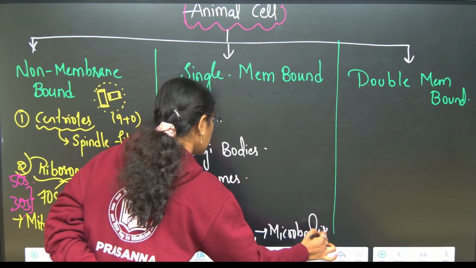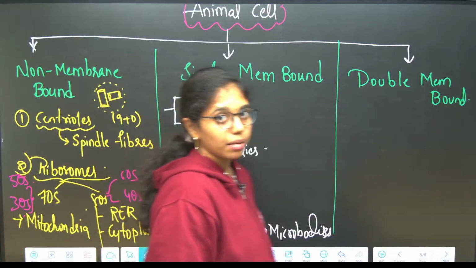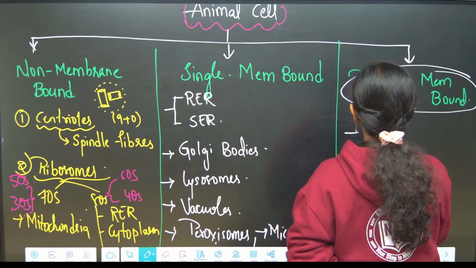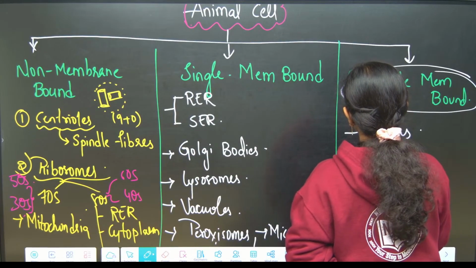These are the single membrane bound organelles that are observed in an animal cell. Next, double membrane bound organelles include the nucleus and mitochondria.